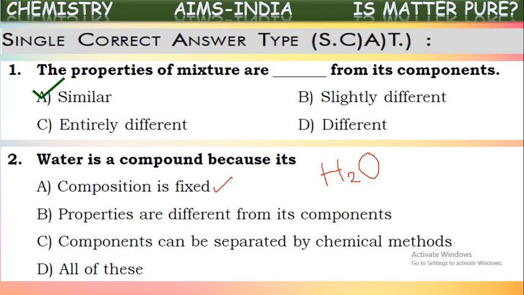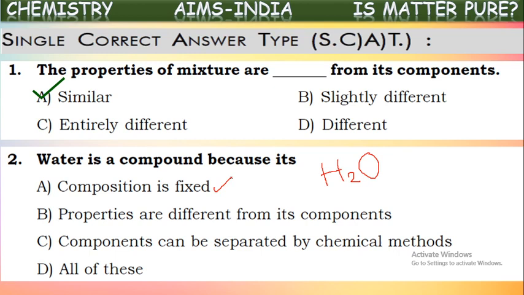And if you take oxygen, oxygen is also a gaseous substance, which is essential for breathing, and is one of the most abundant gases in the atmosphere after nitrogen. So oxygen and hydrogen have different properties. When these two combine chemically, they form water, H2O. But the properties of water are completely different from these two. Water is a liquid.